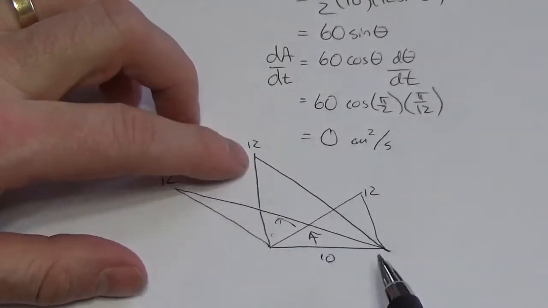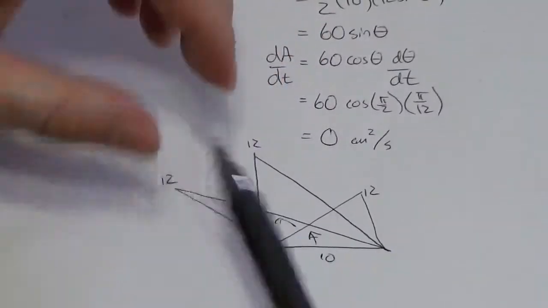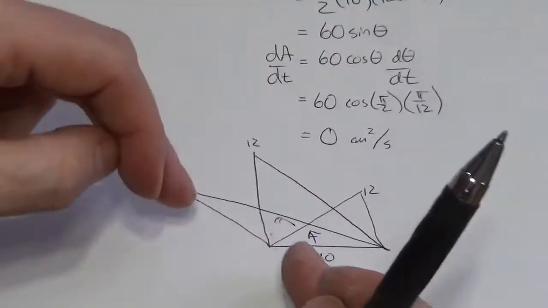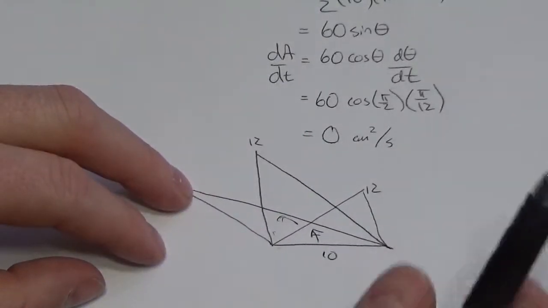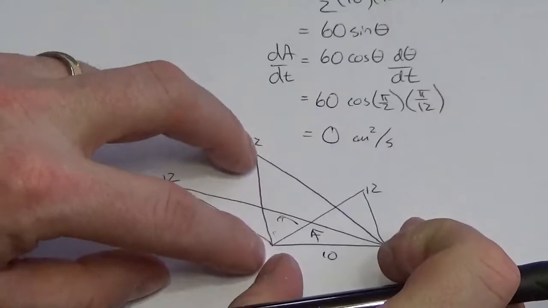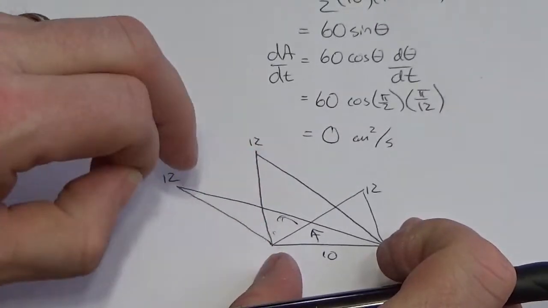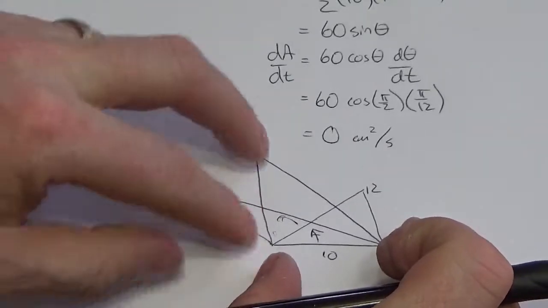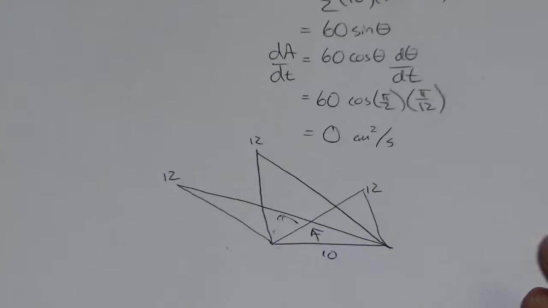Then all of a sudden my area becomes a maximum. From this point on, as that angle becomes obtuse, the area of that triangle gets smaller and smaller and smaller. Basically, it's when this thing is right up vertical here that I've got the largest height. At any other angle here, the height gets smaller and smaller, so that the area gets down here.